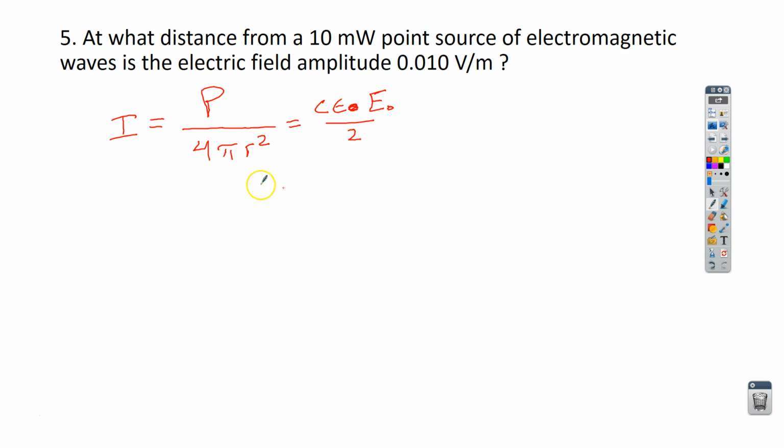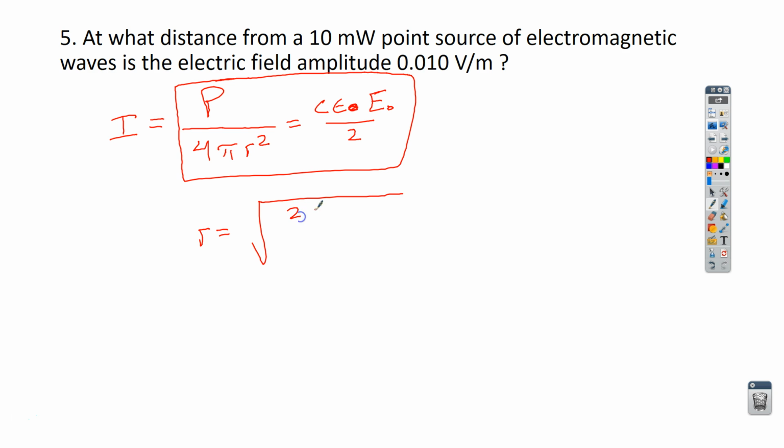So if I take this equation that I've boxed and solve it for r, my r is going to be equal to the square root of 2 times P over 4 pi times c times epsilon naught times the amplitude of our electric field squared. Now we've got to get everything into the equation.